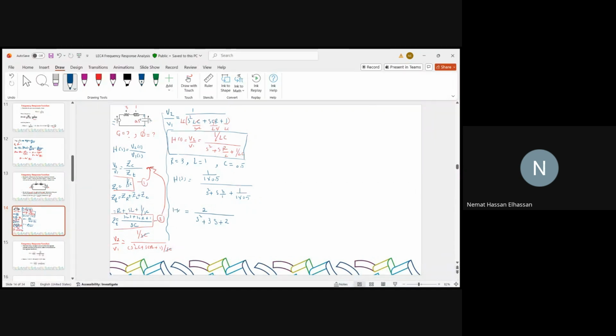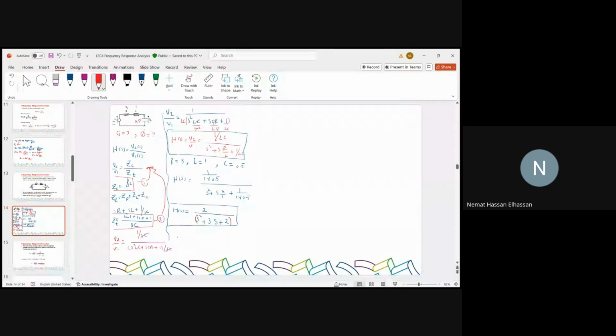This is our H of S, which we can rearrange. The next step I'm doing just to simplify when I convert S to J omega. I'll take this denominator, which is a quadratic expression, and factorize it.